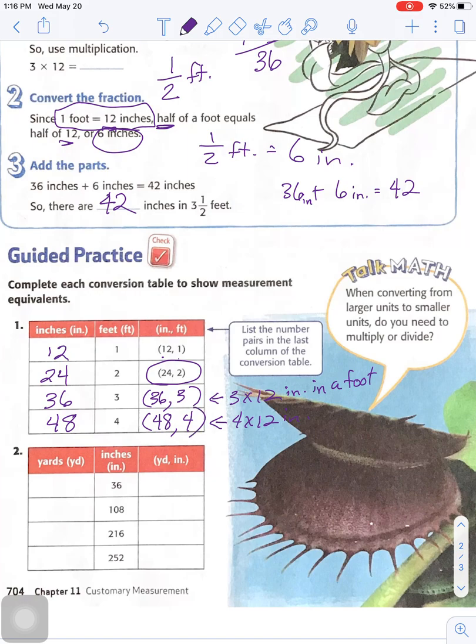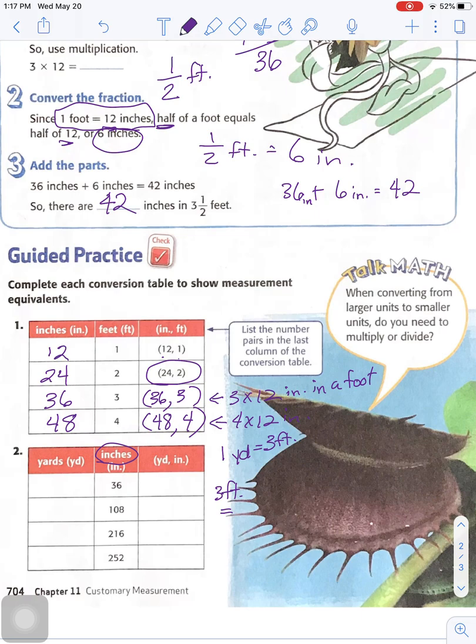Okay, now we're talking about yards and inches. Yards and inches, oh my goodness. Okay, I know that 1 yard equals 3 feet. But this is inches, so that's not enough to know that. So, if 1 yard equals 3 feet, how many inches would that be?